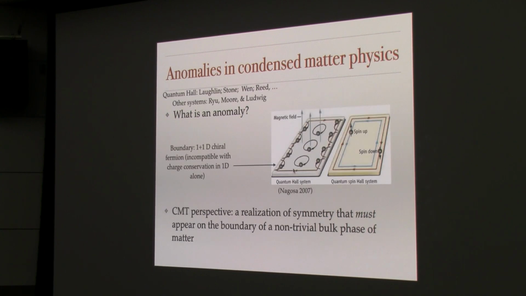And so where could you have a system that has this anomaly? It looks like it's not possible if I want charge to be conserved. And the answer is that these appear, and this is something that nature gave us when people started taking two-dimensional electron gases and sticking them in magnetic fields, that these anomalous systems appear naturally, very typically, at the boundary of higher dimensional bulks.